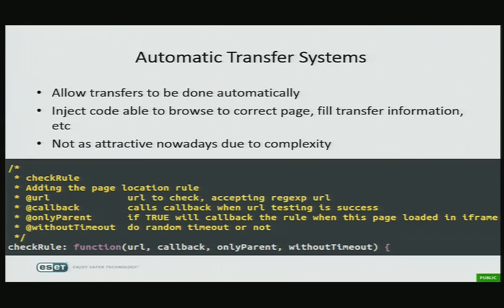The banks seem to have caught up, and now we see more people trying to do simpler Webinjects that gather information from the victim, and then do some manual transfers instead of trying to automate the overall process.